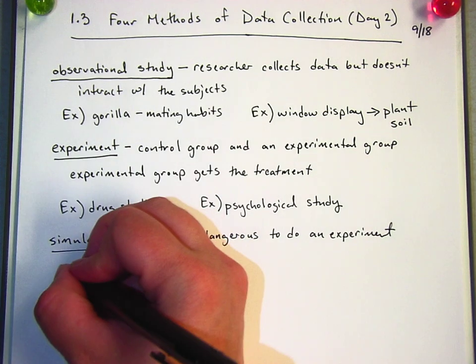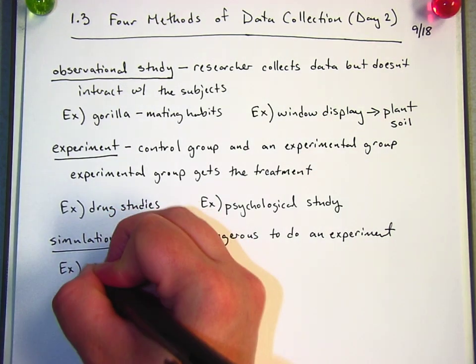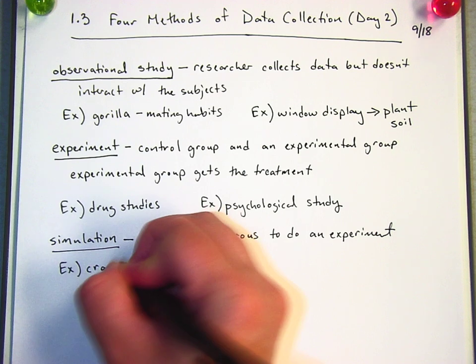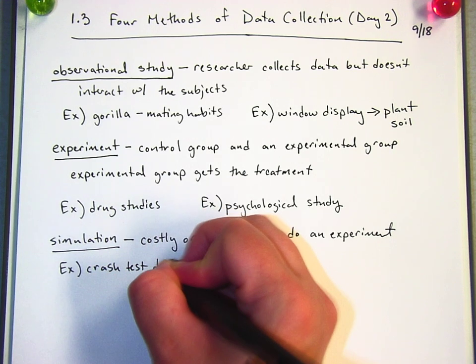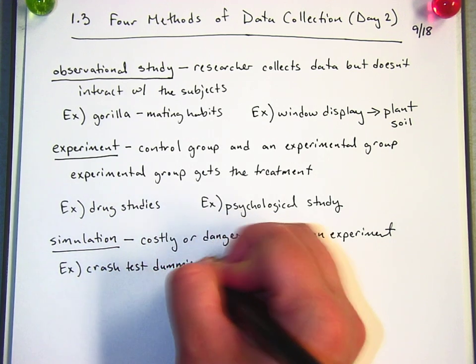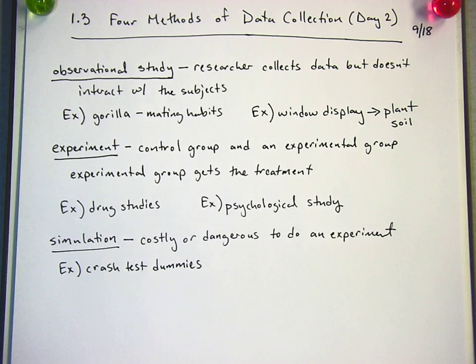For example, let's talk about crash test dummies. I think it's probably a bad idea to put a family of four into a minivan and then crash it against a wall going at 90 miles per hour to see if they survive.